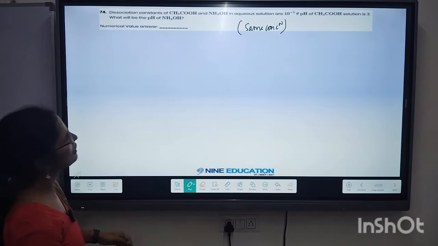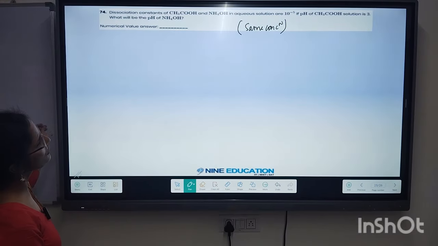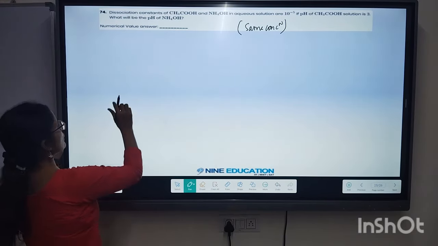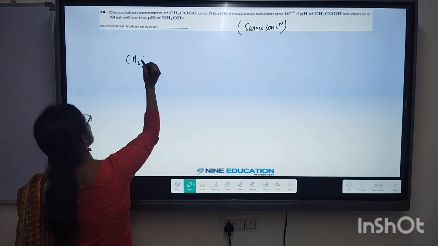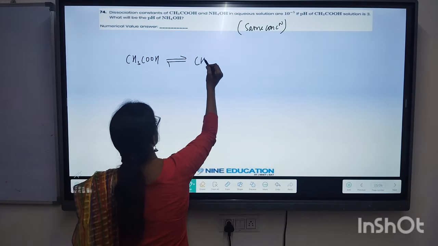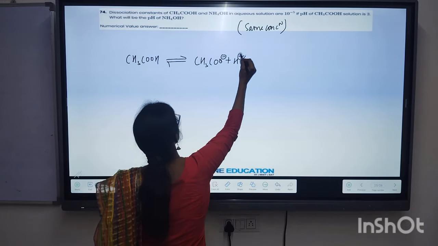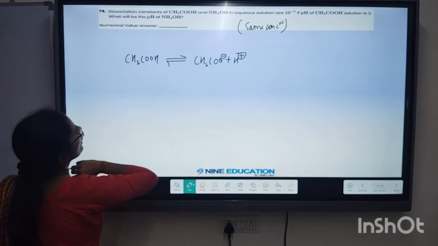So if you have a CH3COOH solution and an NH4OH solution having the same concentration and the same dissociation constant, and the pH is given for one solution, we need to find the pH for the second solution. Let us consider the dissociation of CH3COOH. It will give us CH3COO minus plus H positive.